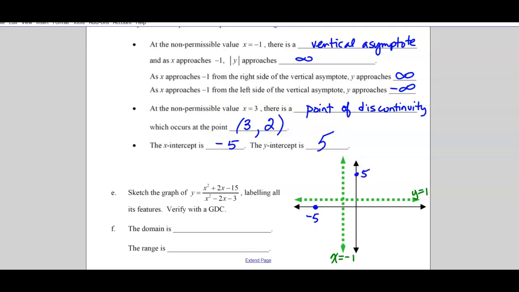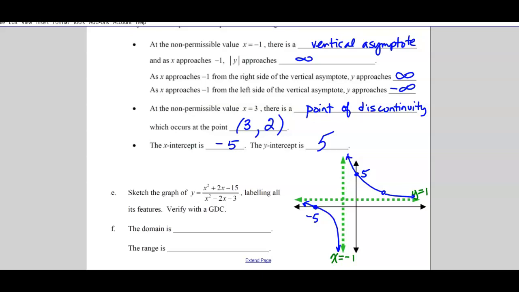Your point of discontinuity would be somewhere around here. And then we know that as x approaches negative 1 from the right, it's going to positive infinity, and from the left, it's going to negative infinity. So it's going to look something like that.